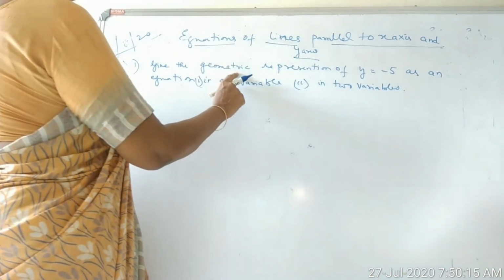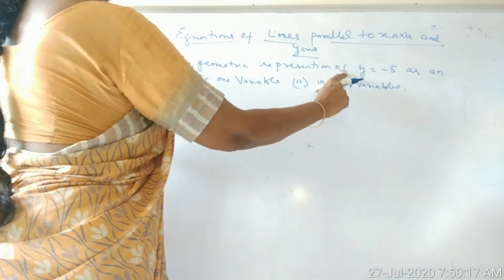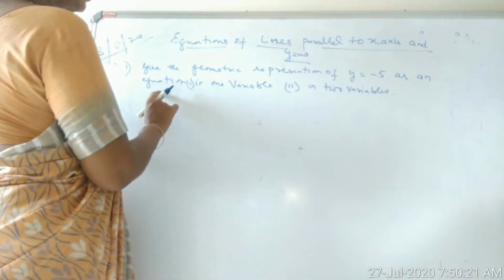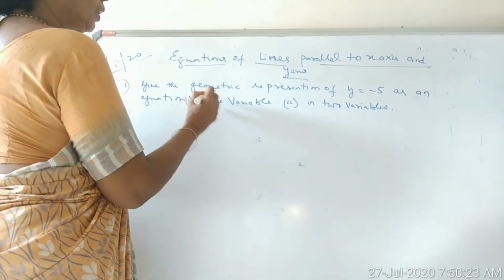Give the geometric representation of y is equal to minus 5 as an equation in one variable and in two variables.